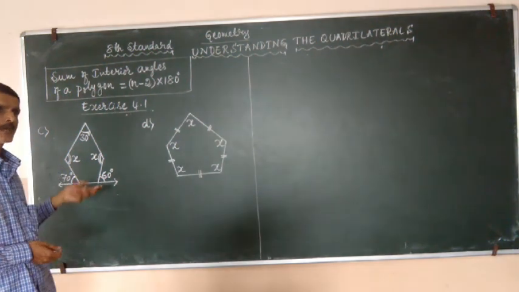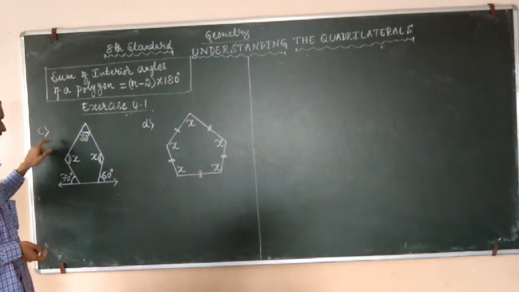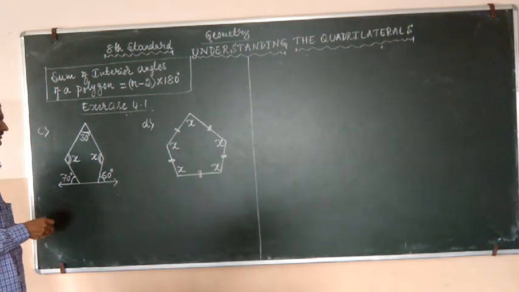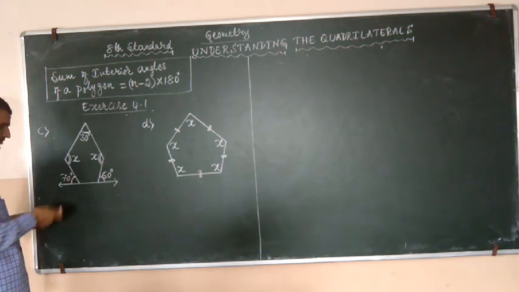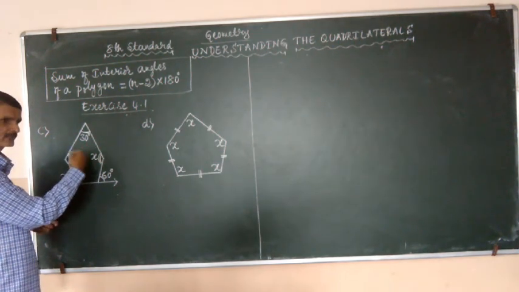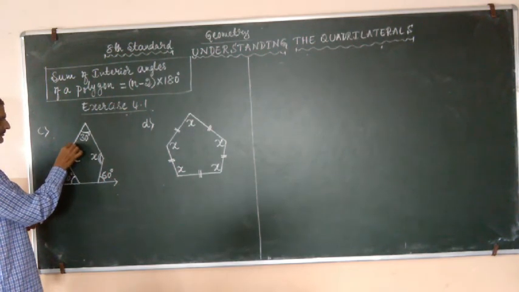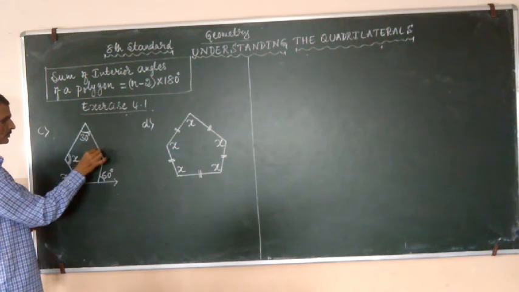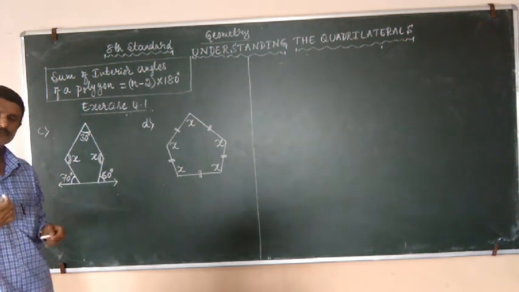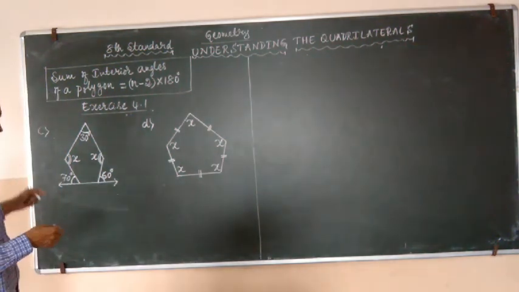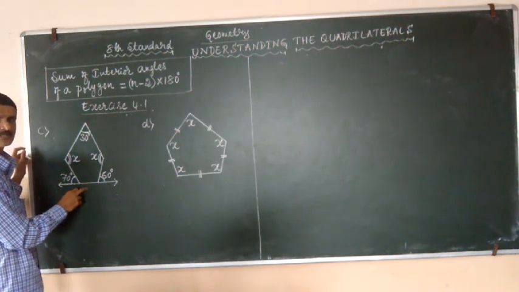Students, now observe the next figure, that is C. Here, this is a polygon with 5 sides. 1, 2, 3, 4, 5. Therefore, what do you call this plane figure?